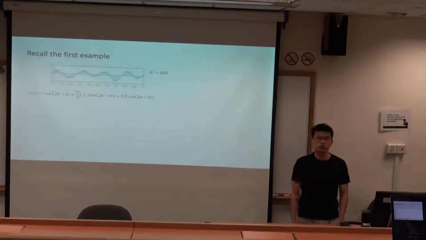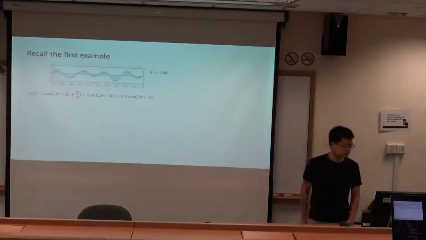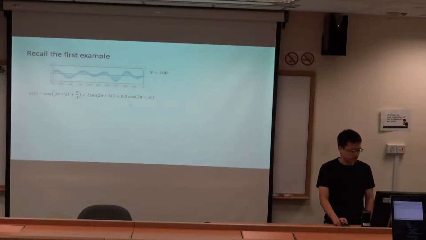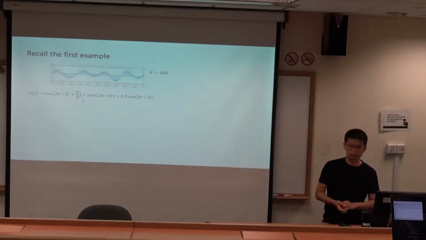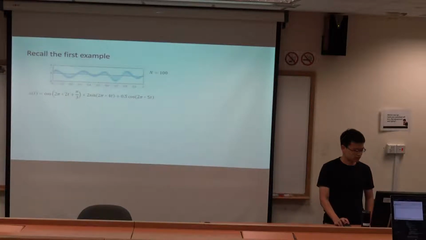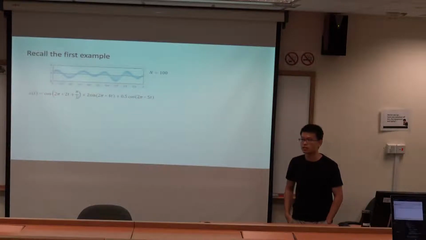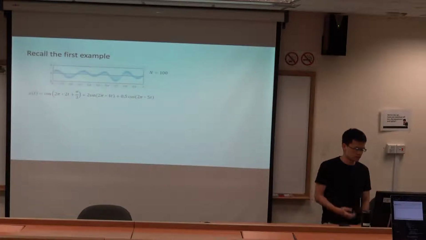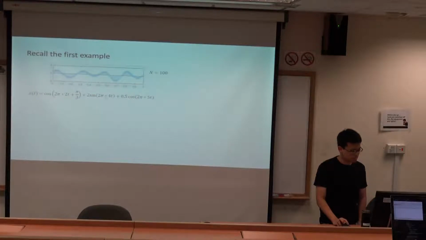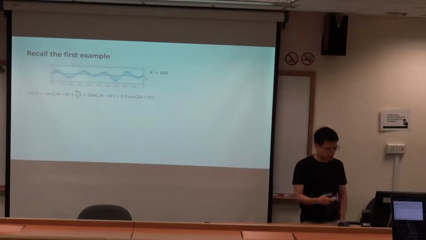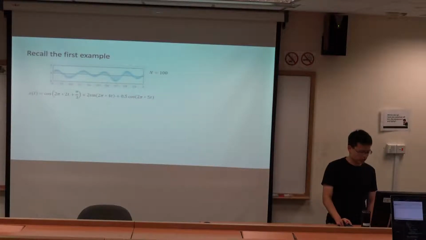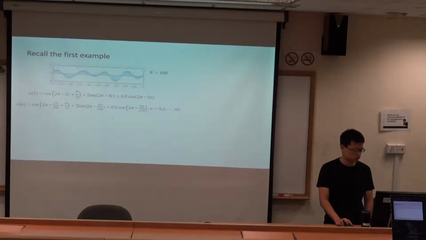Okay, let's recall the first example. If I want to derive or calculate these frequency partials using DFT, how do I do it? It has 100 samples in 1 second. Well, the first thing I would do is change the notation to discrete notation.